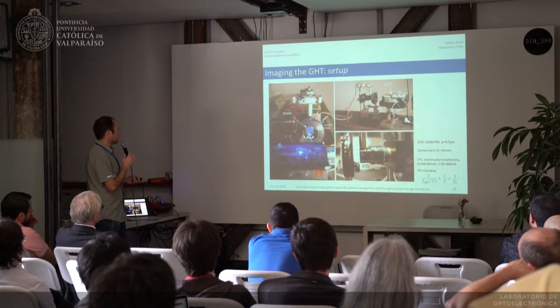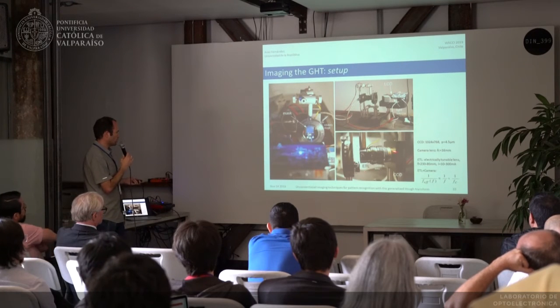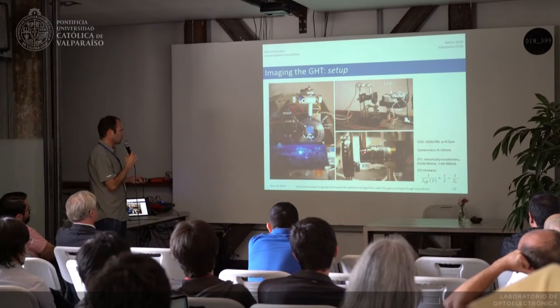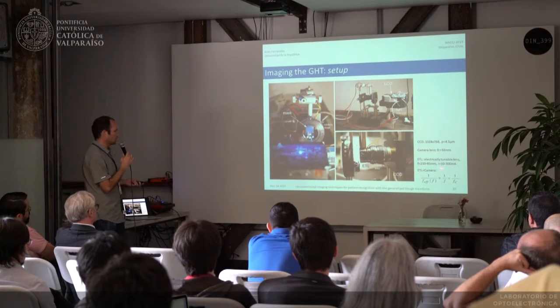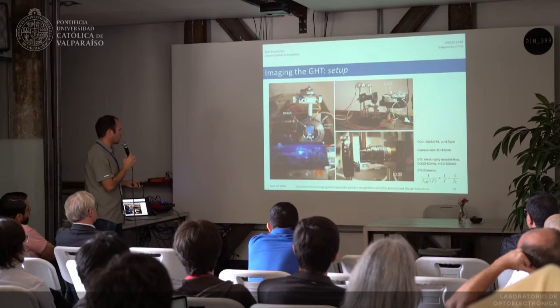Our actual setup is going like this, where we have an ETL, that is an electrically tunable lens, coupled to a zoom camera in a way that we can control the scale parameter of our information.